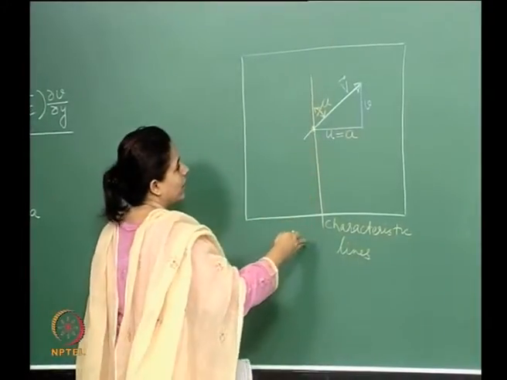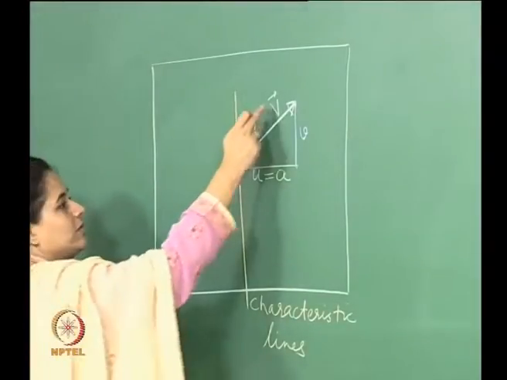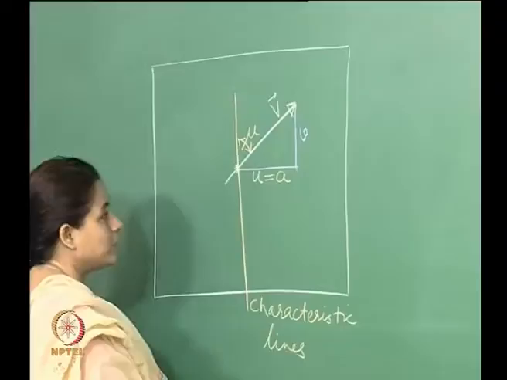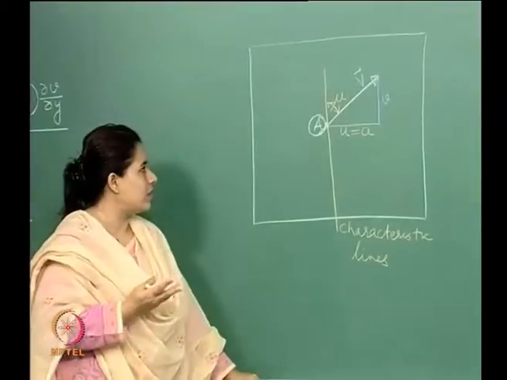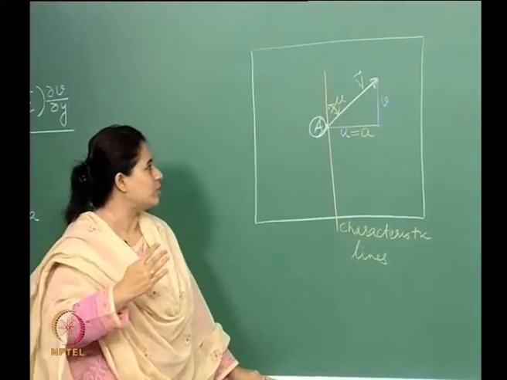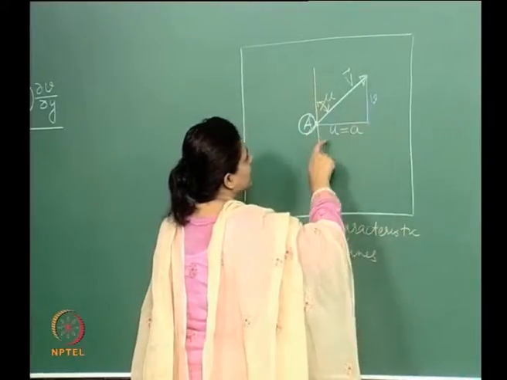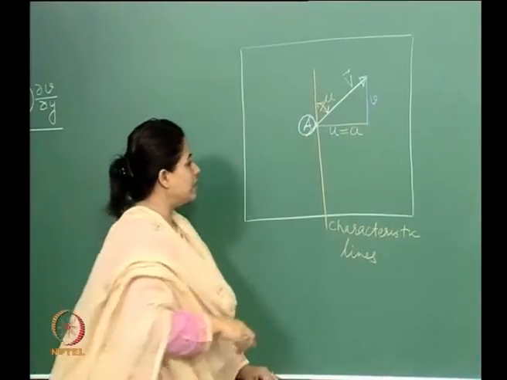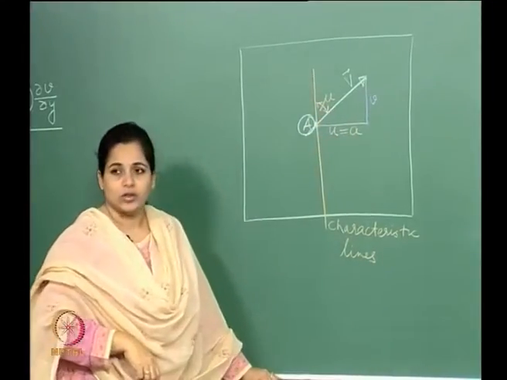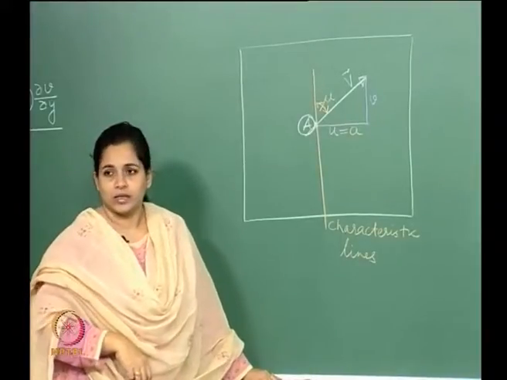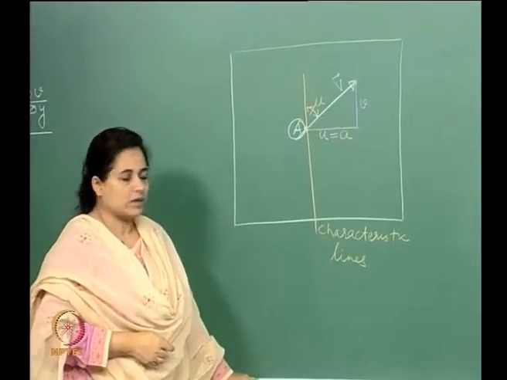Okay. So, if I may repeat that one more time: this is a line which makes an angle mu with the streamline direction, with the velocity vector at this particular point, which is a. This is any arbitrary point in the flow field, and the velocity component perpendicular to this line is sonic. Then the derivatives of the velocity component u are going to be indeterminate and may be discontinuous on this line, and therefore this line is essentially a characteristic line.